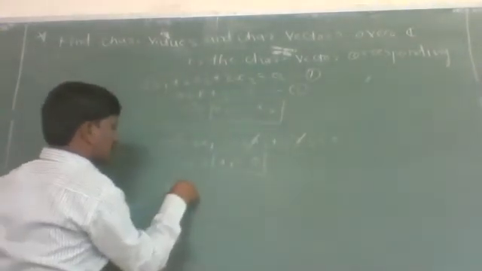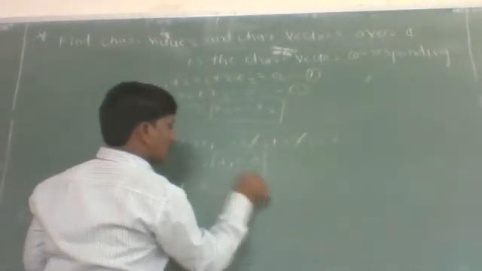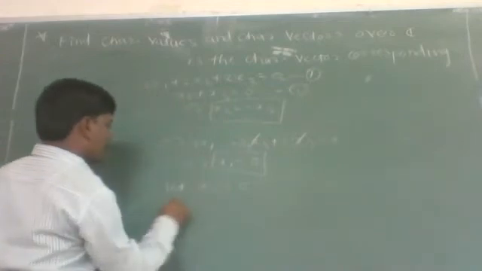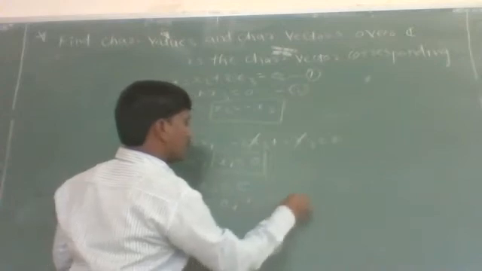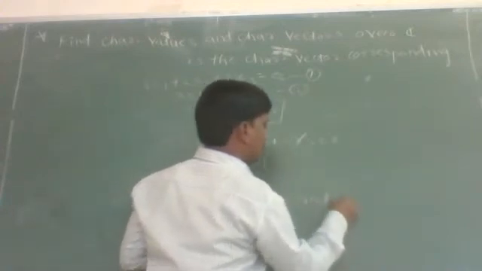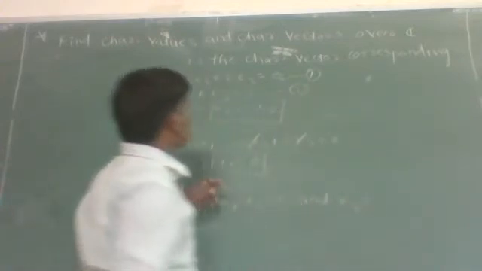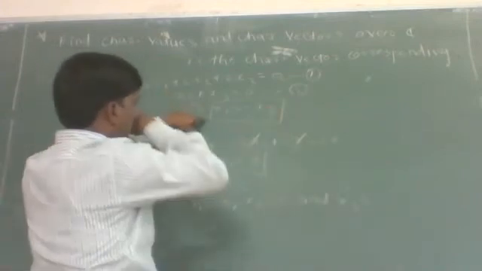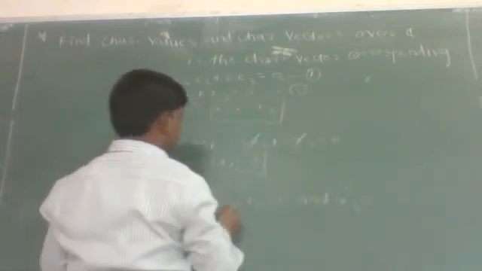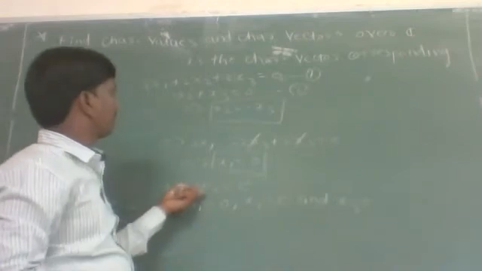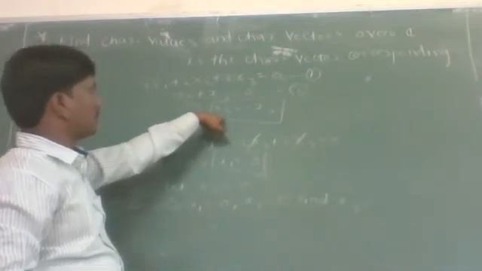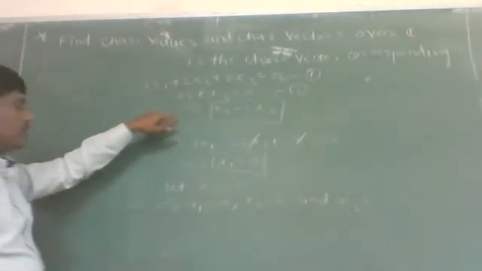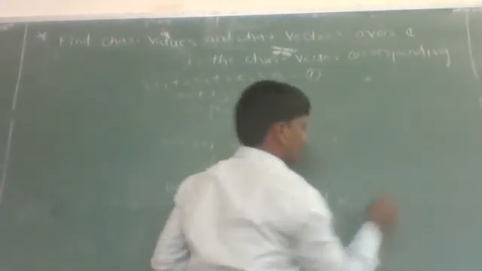Let us take x2 equal to c, which implies x1 equal to 0, x2 equal to c, and x3 is minus c.